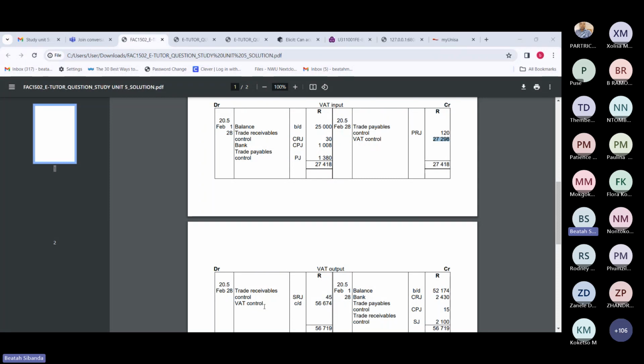In the VAT control account, you are going to have this amount on the credit side and that amount on the debit side. The difference of the two amounts is what is payable or refundable to you. So the whole idea was to find the net input and the net output after all the adjustments. Then you can determine what is payable or refundable. In this case, we have a net payable of 29,376.